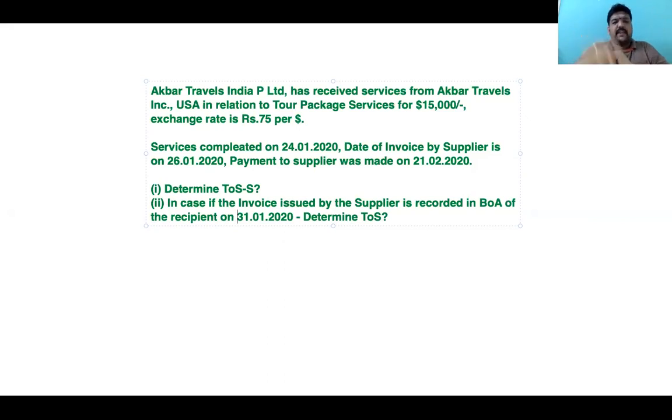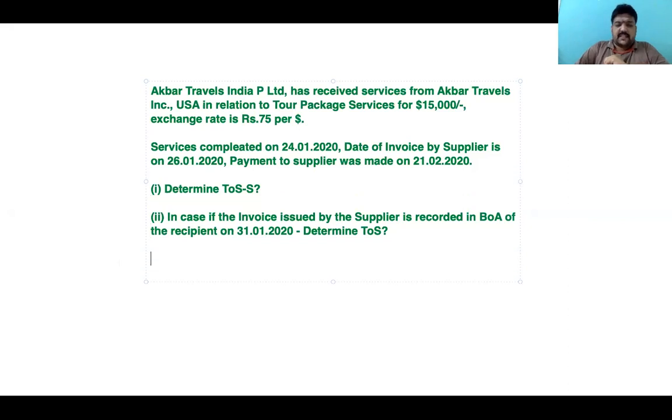A little variation in your question. The variation in the question is, in case the invoice is entered into the system on 31/1/2020, what is going to be your time of supply?